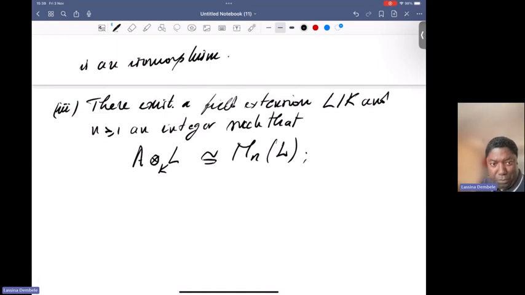And then the fourth condition. This is a long list, but we are going to need them all.